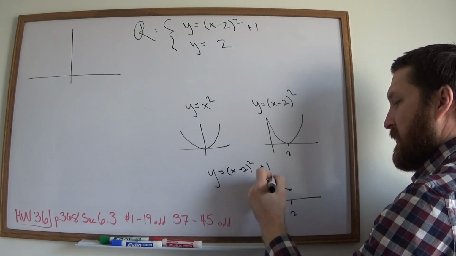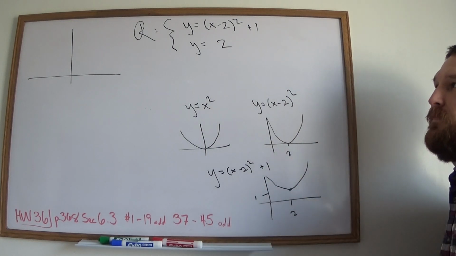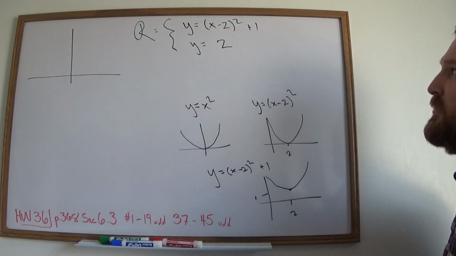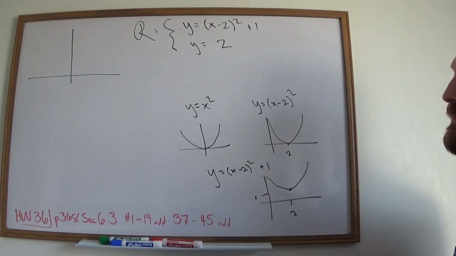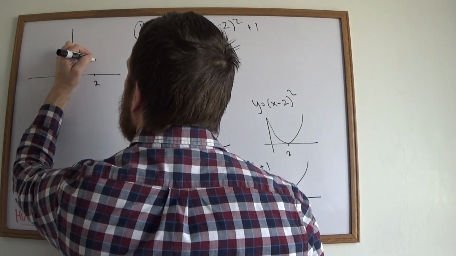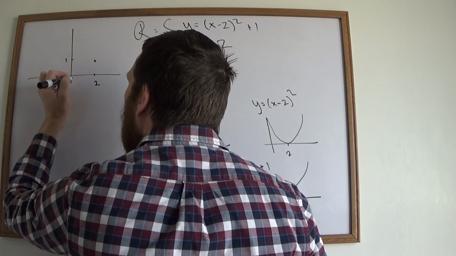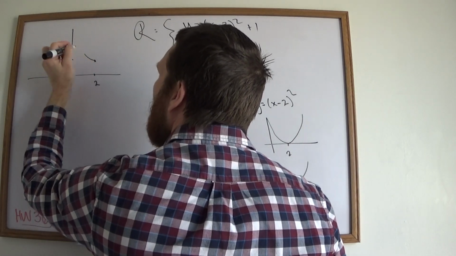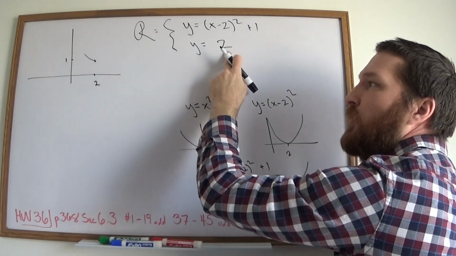And you notice how I didn't use a formula like, oh, that's h and k, so the vertex shifts to (h, k). No, it's just this thing, and it does this. And so, okay, it goes here at 2, its vertex is at 1, and it goes up, and we're only going up to 2, right?